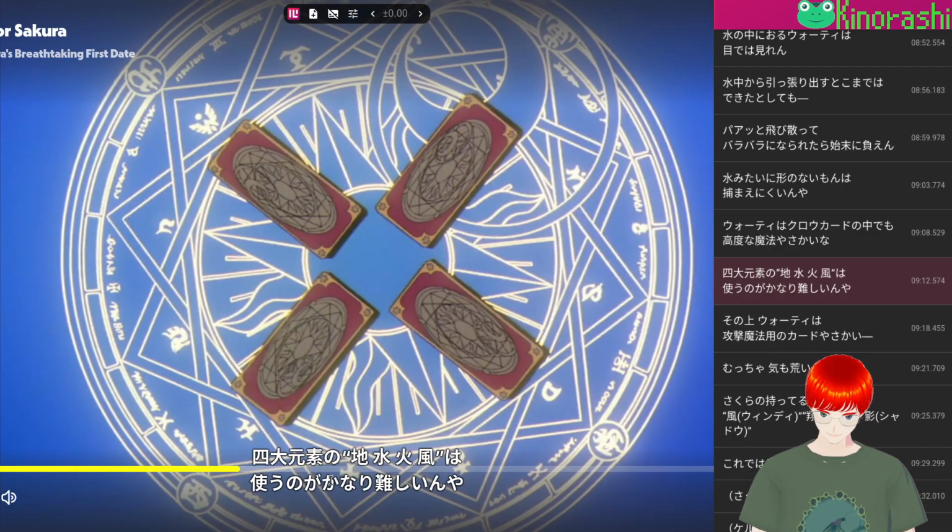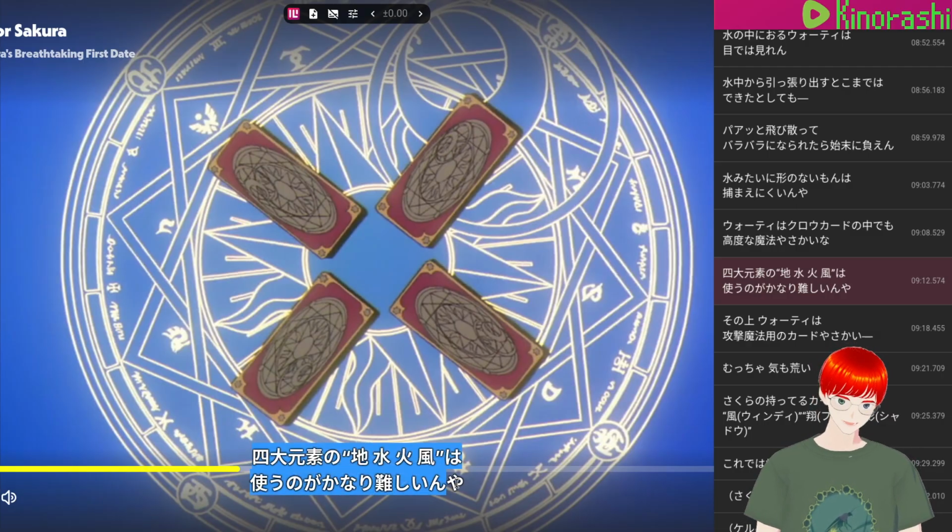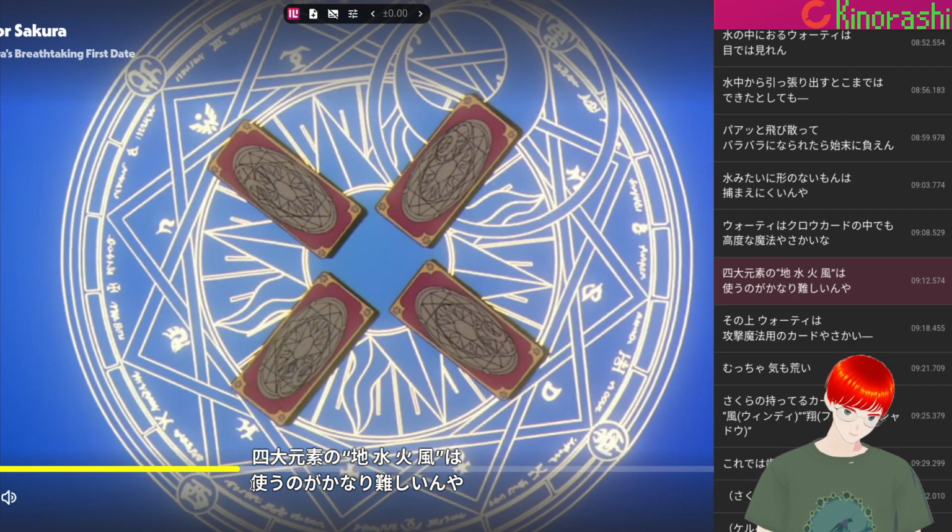So, as for the four elements, earth, fire, water, air, making them is considerably difficult. Let's see if I got that right. Oh, that's right. That's not make, that's use. Tsukau. That's right. Using them is difficult.